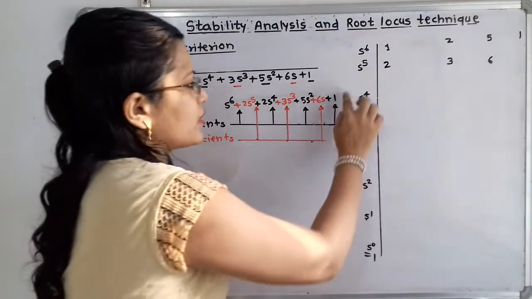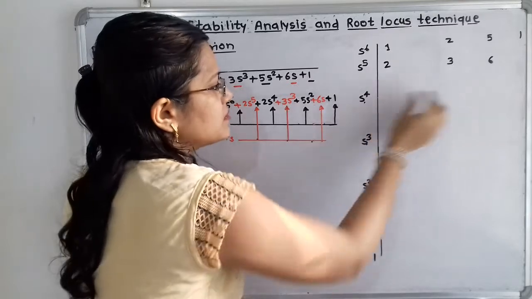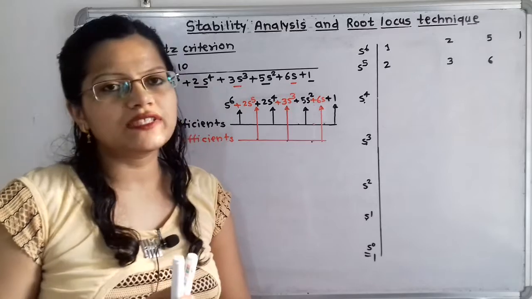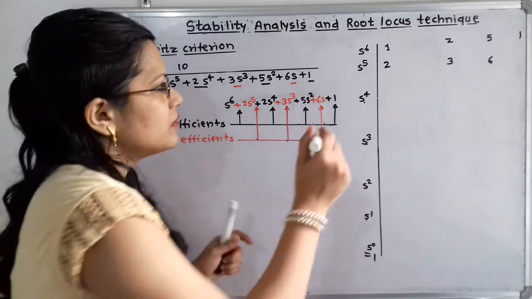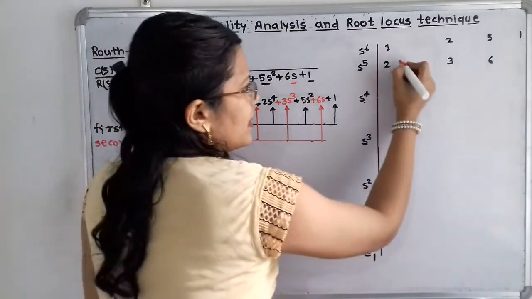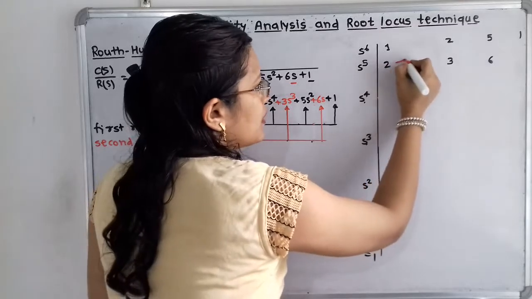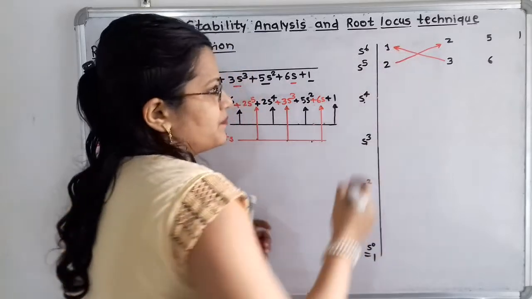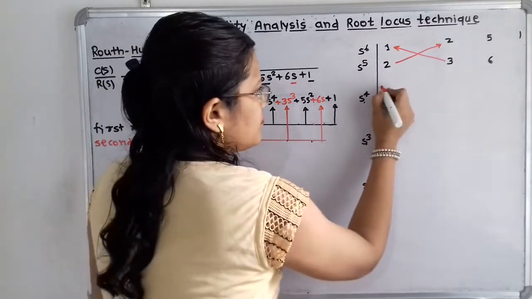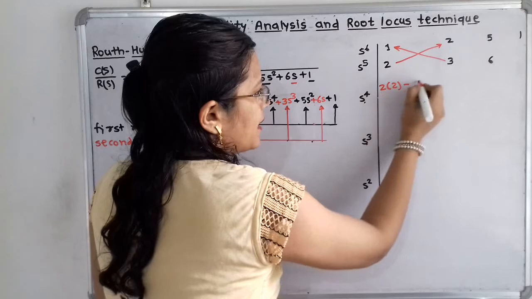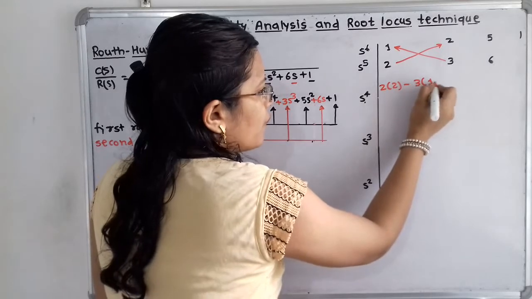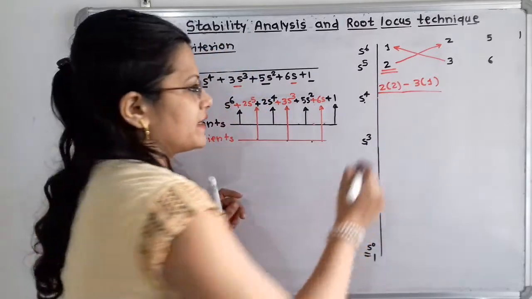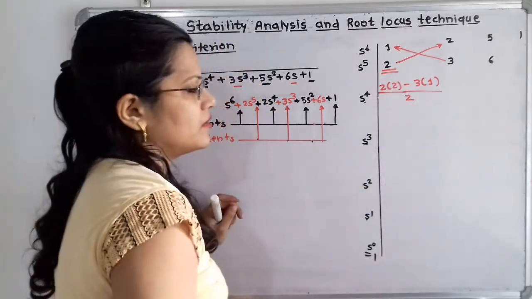Now we move to the calculation for the numbers in front of s raised to 4. In the third row, how do we select the number? I will mark it with the red marker. We take 2 multiplied by 2 minus 3 multiplied by 1, divided by 2.